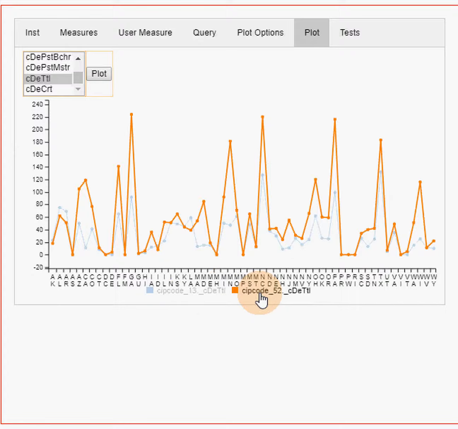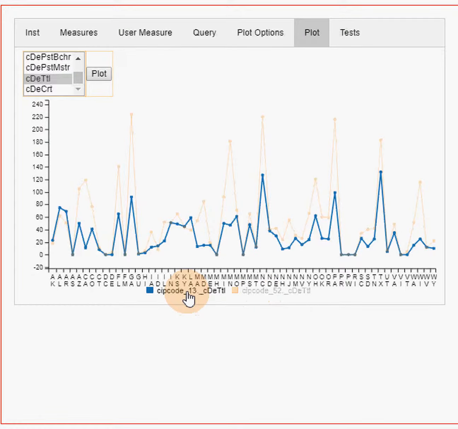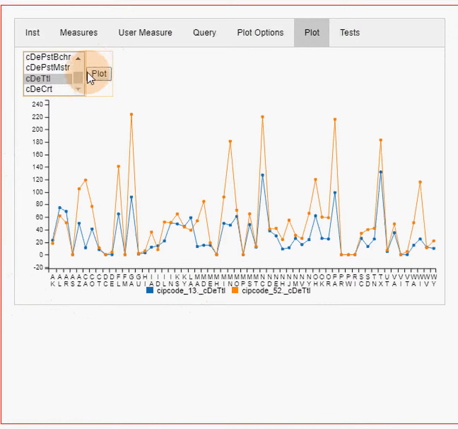So for each different state, you can see they have a different number of programs that's offered in the business and in the educations. So there's a different way you can compare the institution, compare the state.